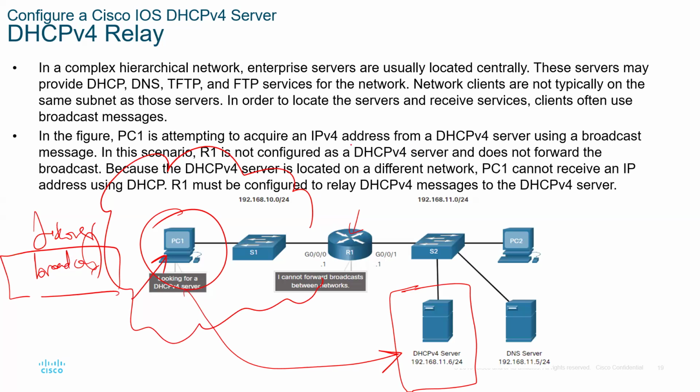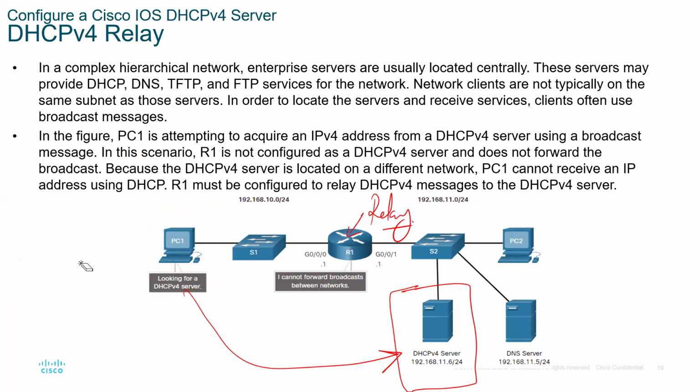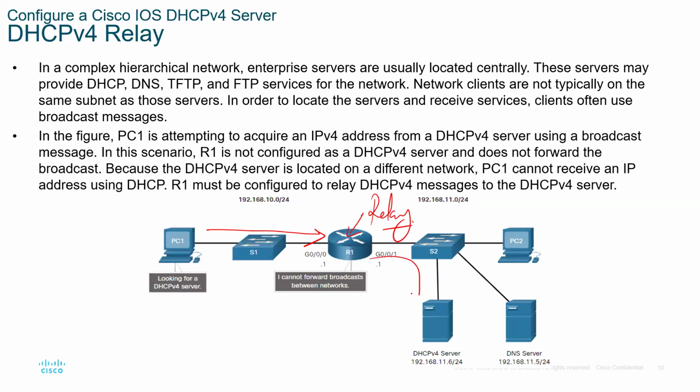The how part is addressed by the router acting as a relay. So the router acts as a relay with a couple of configurations that are made, which allows this router, if a broadcast is sent to this router, then the router will send a broadcast to this server. In this case, we have the router forwarding broadcast via the relay.